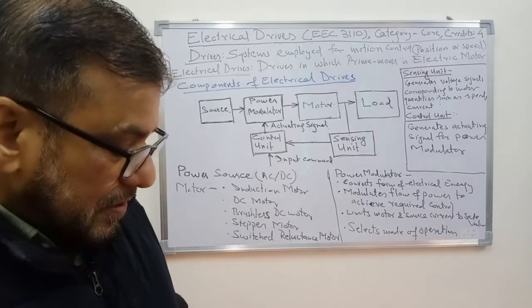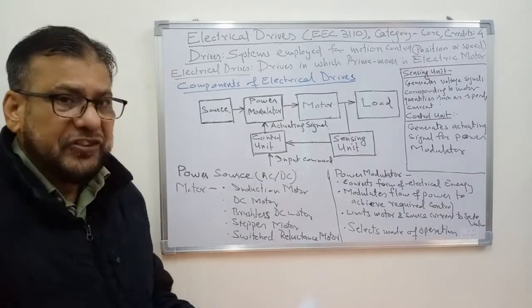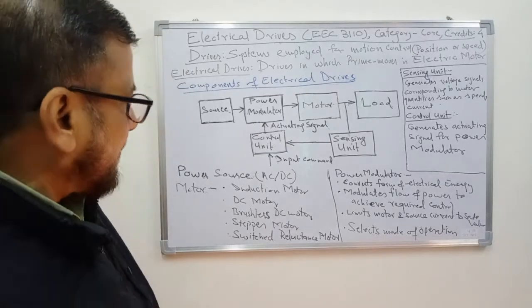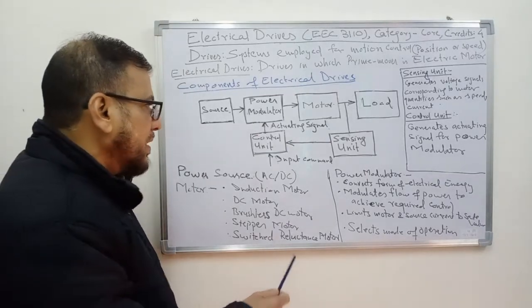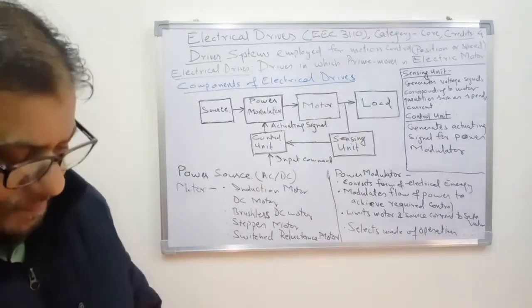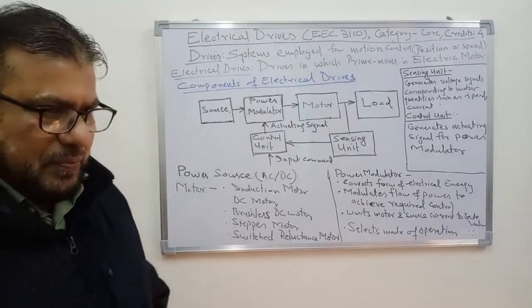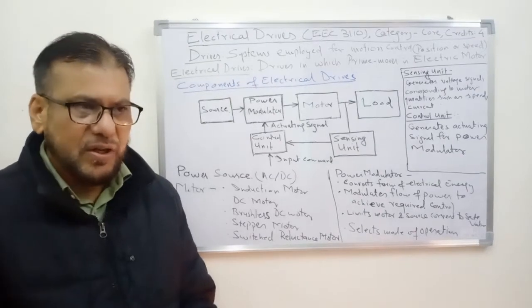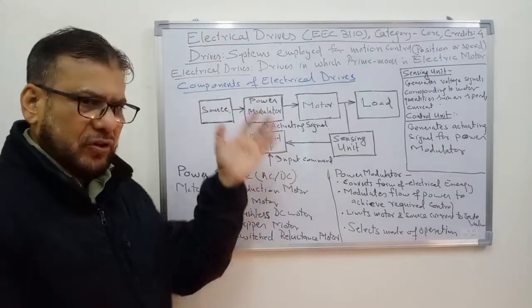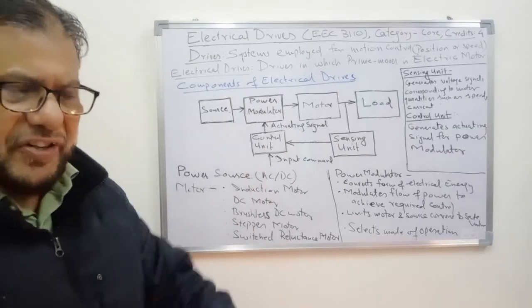The third unit will be AC drives. In this again we shall discuss the basic characteristics of induction motor, its torque speed characteristic, various equations, torque equation, and then various modes of operation, motoring operation, braking operation, generating operation.